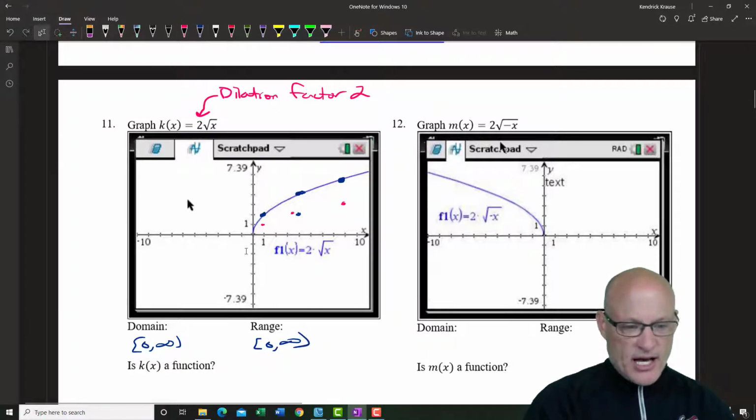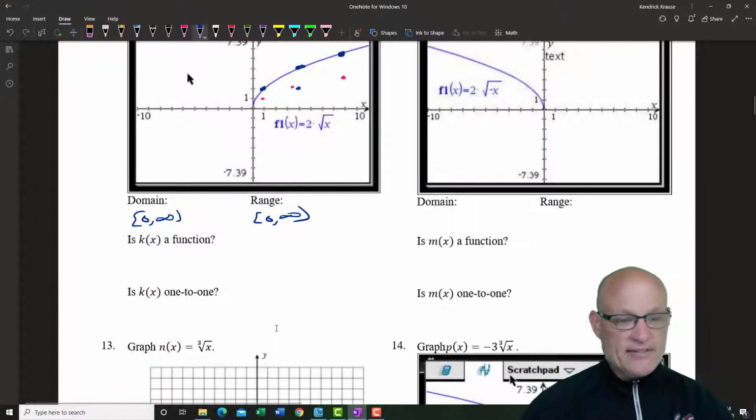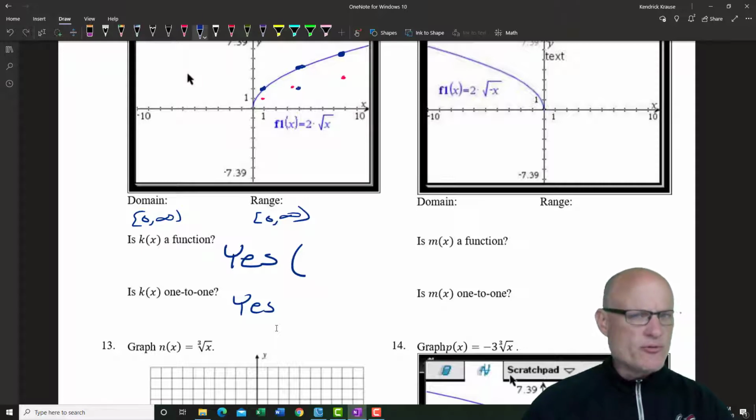Now, this is a little odd. Well, let's go back. We'll answer these questions real quick. Is k of x a function? It absolutely is a function. Is it a one-to-one function? Yes, it is absolutely a function, a one-to-one function. So some of you, when I asked about one-to-one or whether or not the inverse was a function, you told me it was vertical line test. And first of all, I don't want to see that.